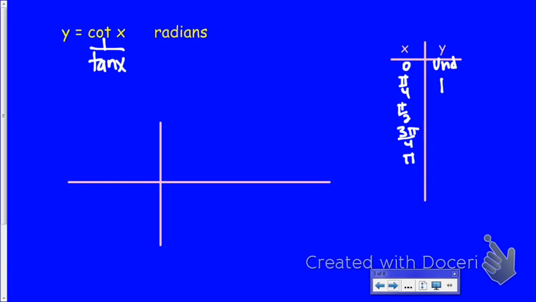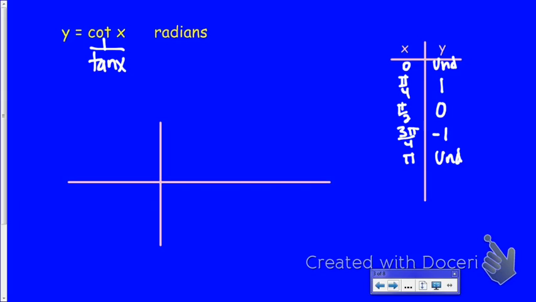The tangent of pi over 2 was undefined, but the cotangent is going to be the reciprocal of that, which is going to be 0. 3 pi over 4 falls in the second quadrant, so that's going to be a -1. And then pi is the same thing as 0, and that's also going to be undefined.